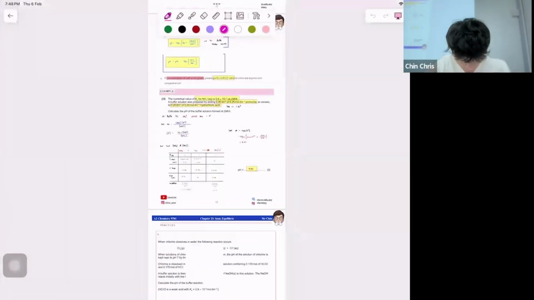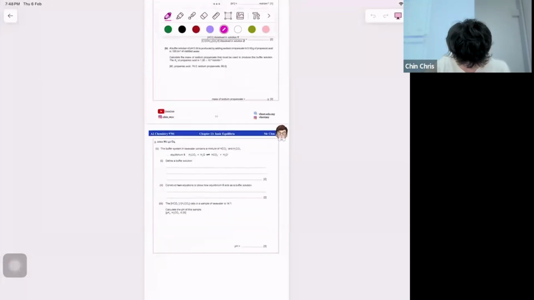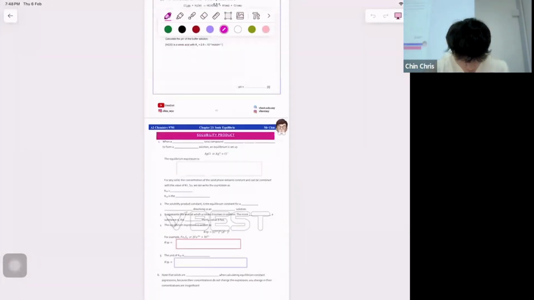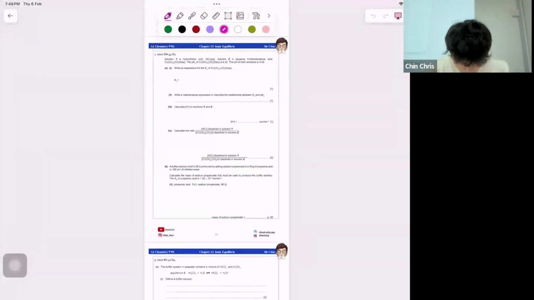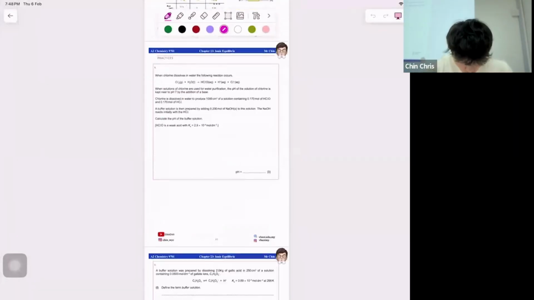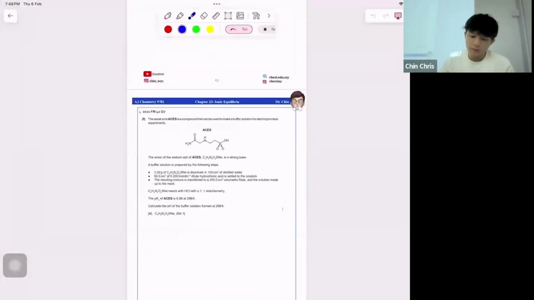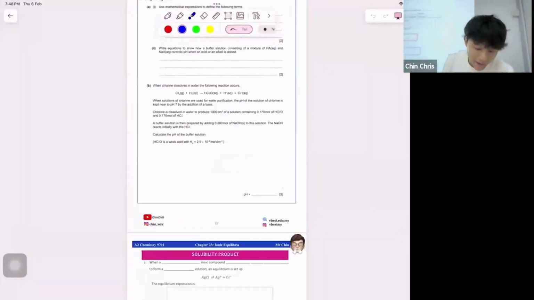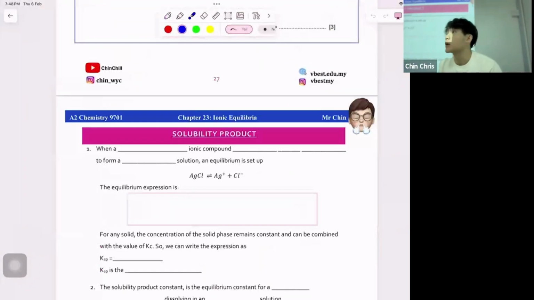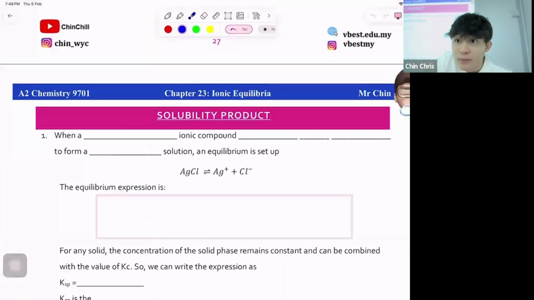Ionic Equilibria, where did we stop? Solubility product. Okay. Let us try one more. Okay, now we can proceed with solubility product. It's not too bad. All right, guys, open up your chapter 23. We still have about 10 minutes. Let's move on to solubility product. Page 28, chapter 23.